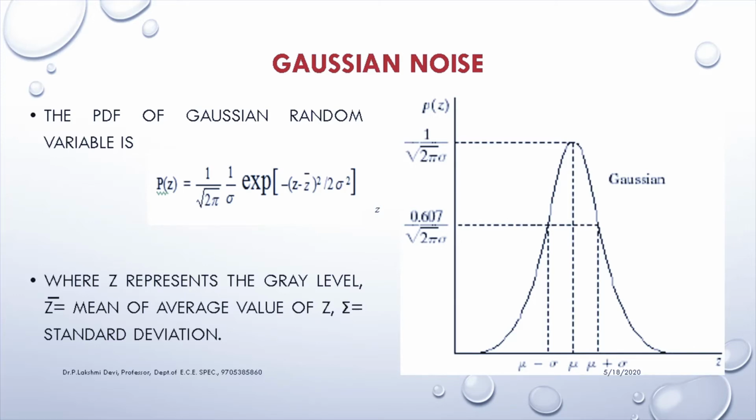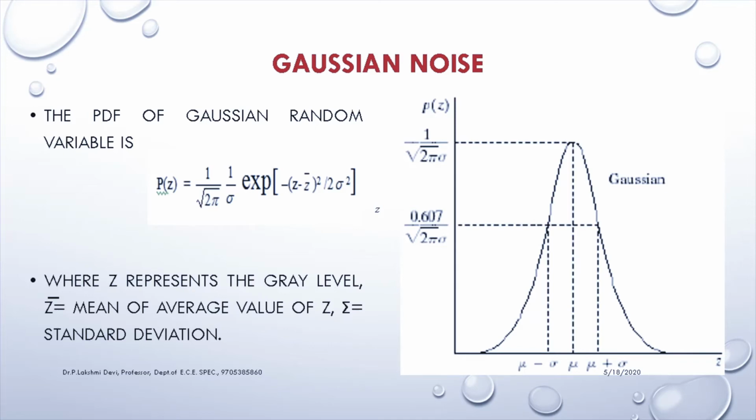From its mean value, the standard deviation extends mu minus sigma on the left-hand side and mu plus sigma on the right-hand side. The probability distribution function P of z for the gray levels of the image peaks at 1 by square root of 2 pi sigma, and 0.607 by square root of 2 pi sigma at those points. It is symmetric on both sides of the mean.